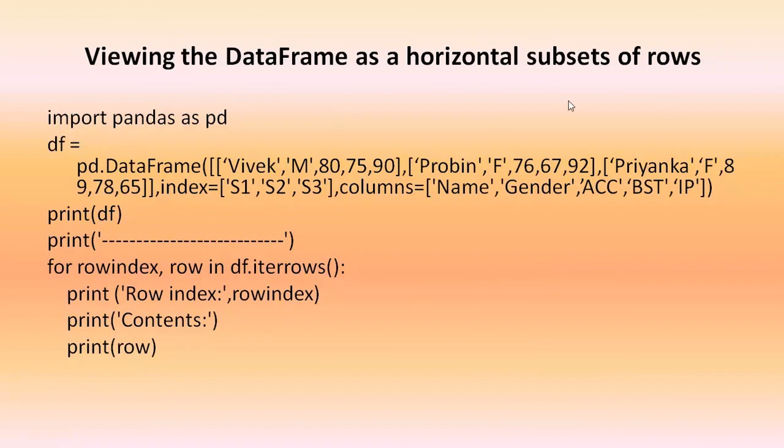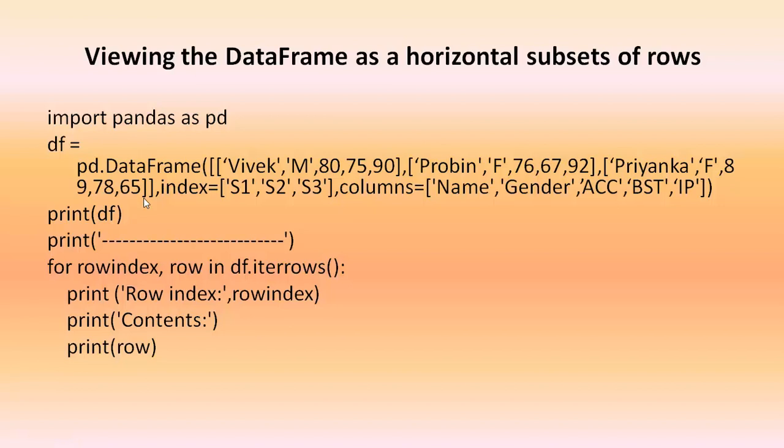Here is a horizontal subset of rows. In this manner, a data frame. Here, this is a list of complete records: Vivek, male, 80, 75, 98, suppose marks of three subjects, then Priyanka.